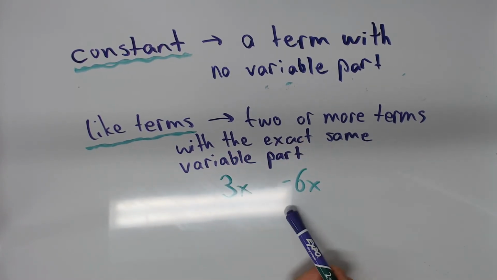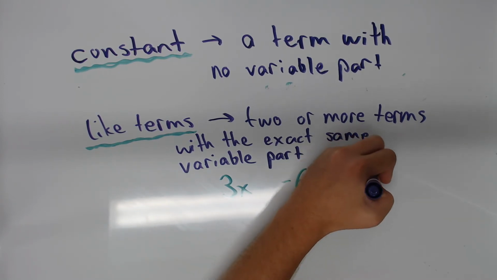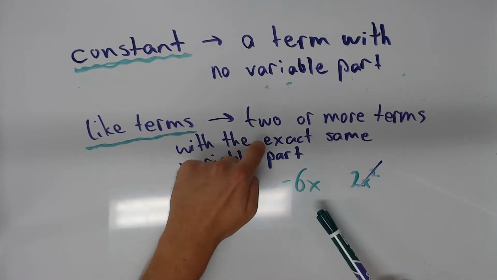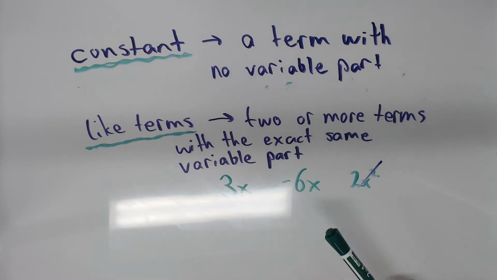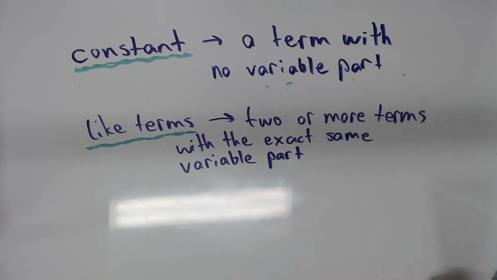That works. All right, but now if I do something like 2x squared, that is not like terms with those other two. Because the x squared is not exactly the same as x. It does mean exact same variable part. Now if we want to get really messy, we can start introducing multiple variables.